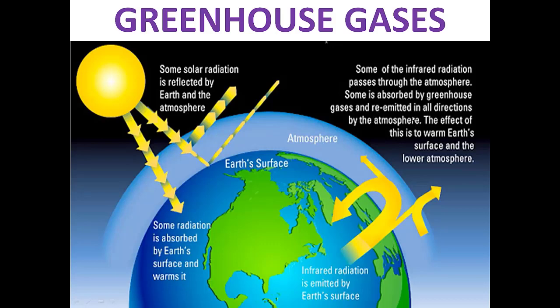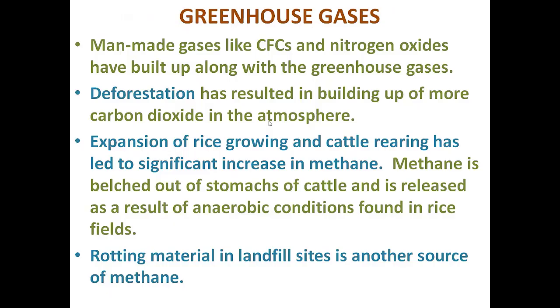The effect of this re-emitted radiation is to warm up the Earth's surface and the lower atmosphere. This is the actual greenhouse effect. We will see it in our next topic also.